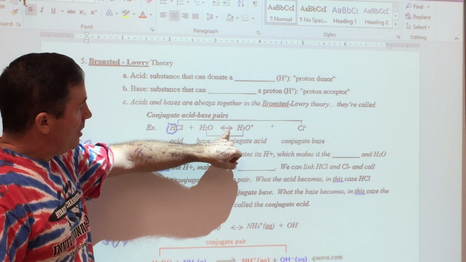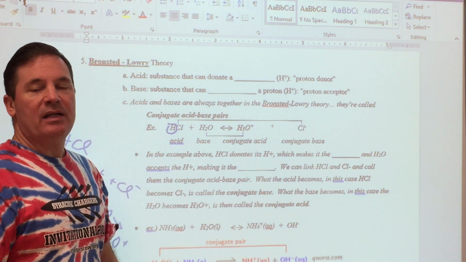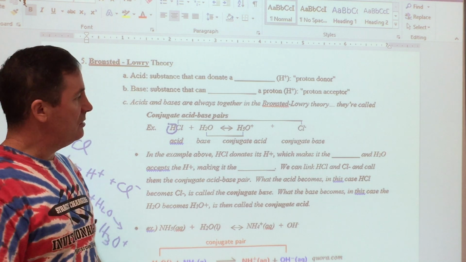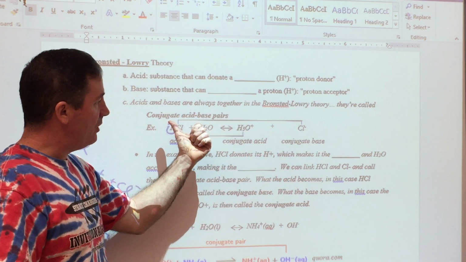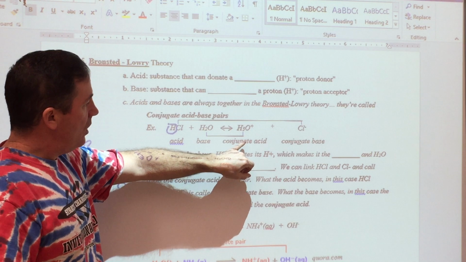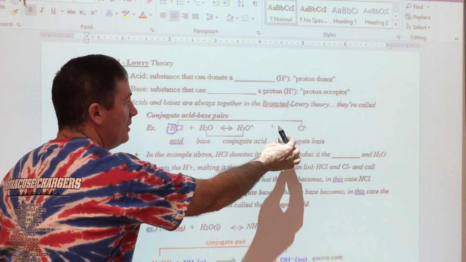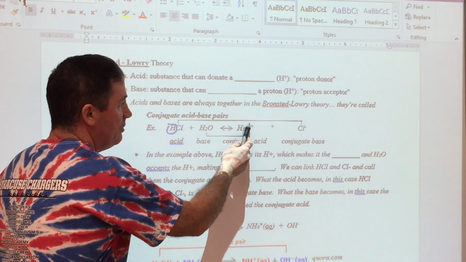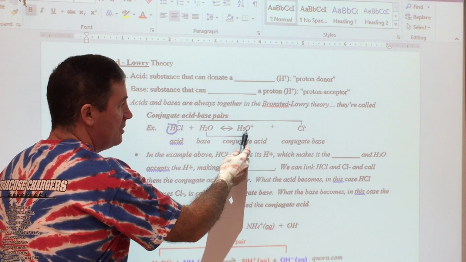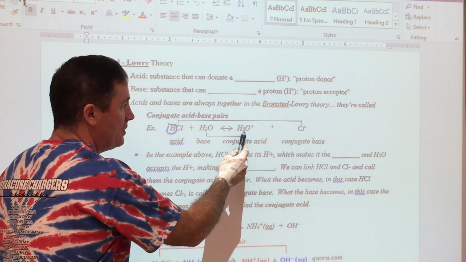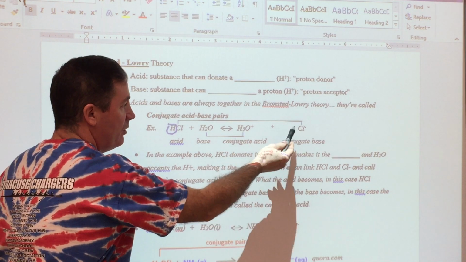Again, remember, that arrow indicates that it is a reversible reaction. That means it can go in this direction. So if it were to go in this direction, what would be the acid going from right to left? You've got the H3O+ and the Cl-. So what happens if we go from right to left?